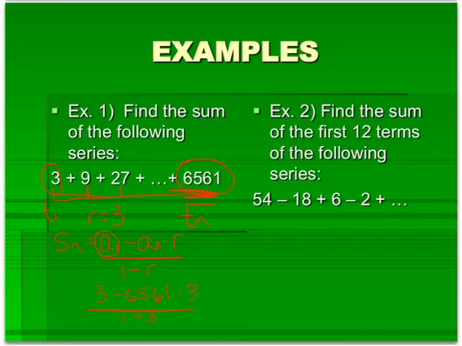So when you work this out on your calculator, and you should practice this on your calculator, you would get that the sum of this is 9,840. So the sum of these terms, if we were to add them all up, would be 9,840.